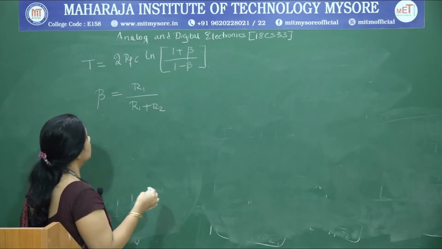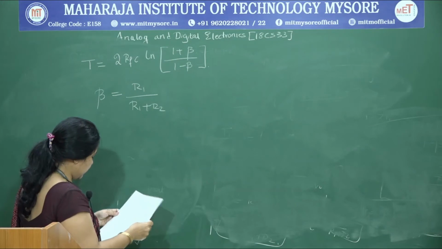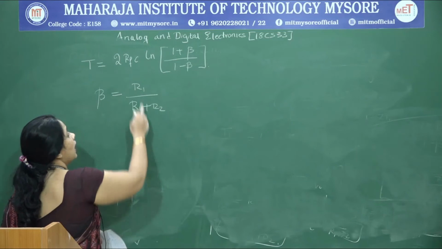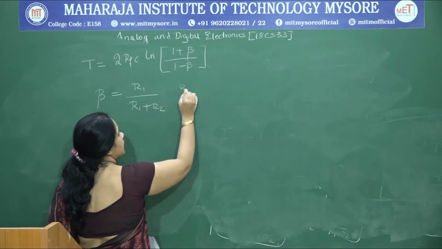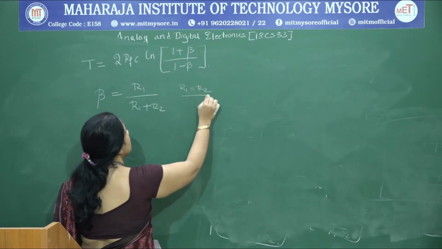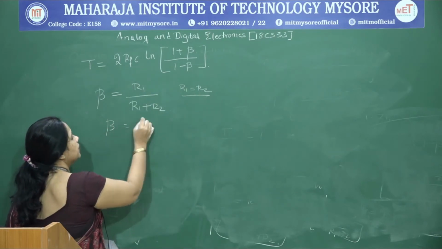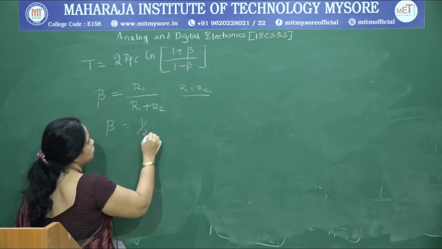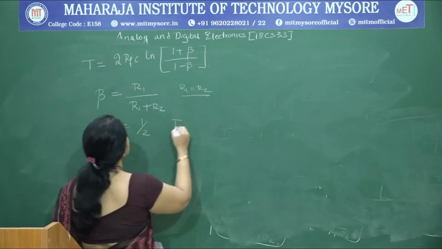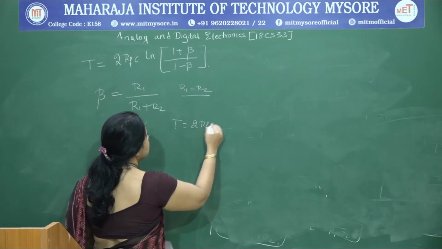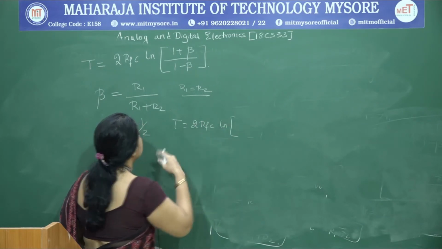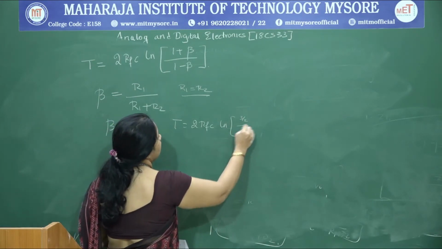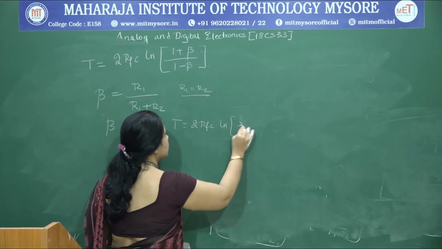If you are to design this, say if I take R1 equal to R2, this beta becomes 1 by 2. Substituting these values, T becomes 2 into RfC logarithmic of 1 plus beta, which is 3 by 2, by 1 by 2, so you end up getting logarithmic of 3.